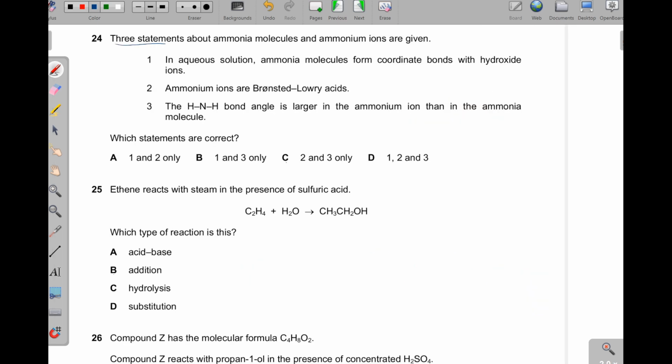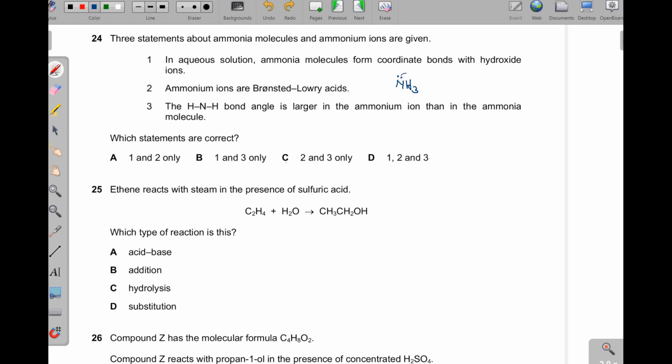Question 24. 3 statements about ammonia molecules and ammonium ions are given. In an aqueous solution, ammonia molecules form coordinate bonds with hydroxide ions. Okay, no, that is not actually the case, because for ammonia molecules, we see the lone pair of electrons on the nitrogen.